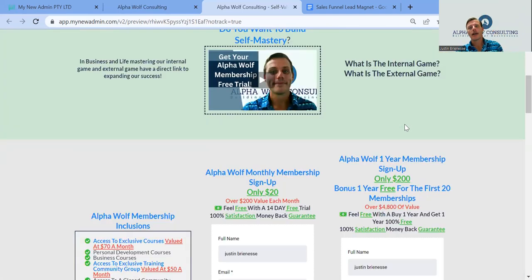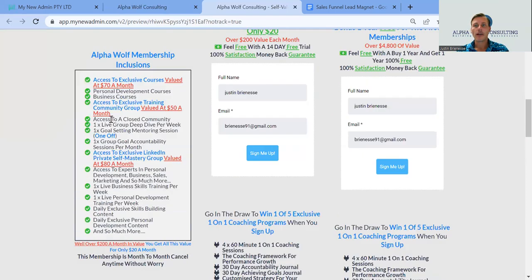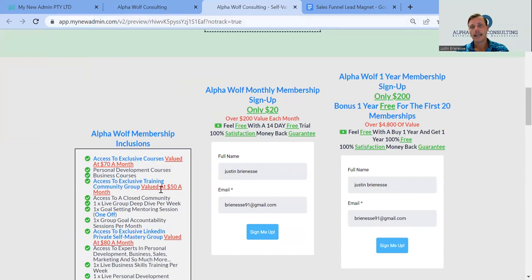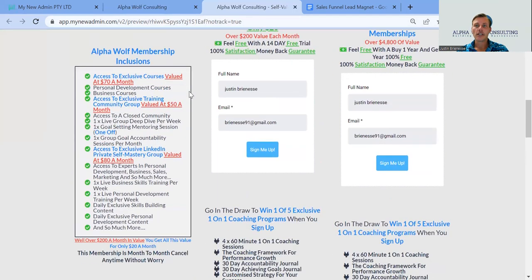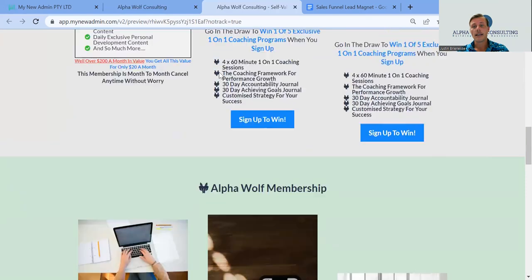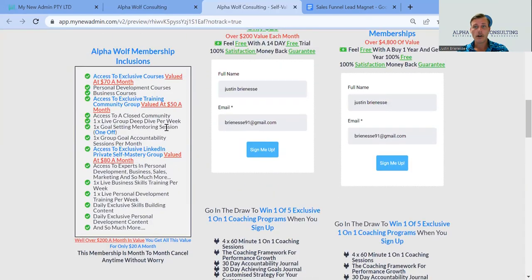A key thing to remember is that it depends on what it is. If it's a product-based offer, we want a bit of product information and a journey where we're explaining the product. If it's a service-based one, we want the services explained, because this is a service-based product.